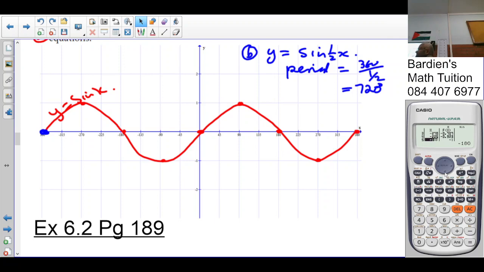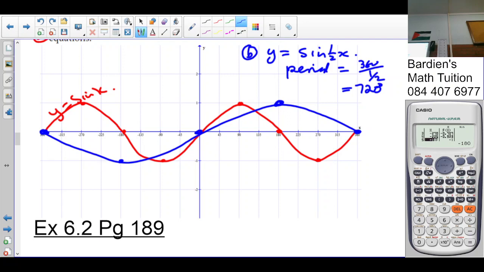Negative 180 is negative 1. So what I do is I gather all the rational values. Makes it easier to work with. Okay? So the next point of importance is negative 180, so it's minus 1. 0 would have given you 0. 180 would have given you 1, and 360 gives you 0. And there's your sine graph.